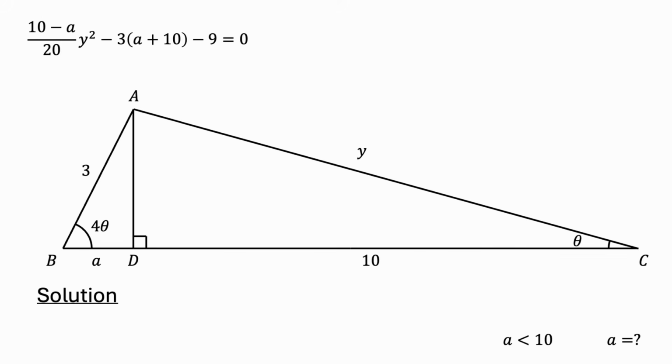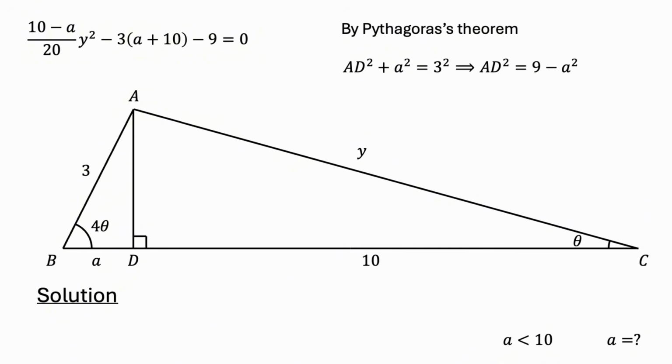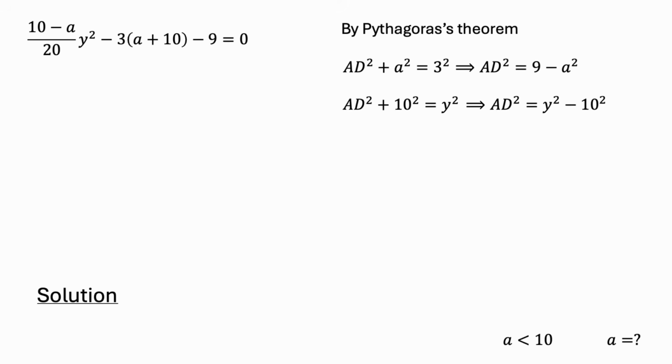Going back to our diagram, let's apply Pythagoras theorem to triangle ABD to obtain AD squared plus a squared equals 3 squared, or AD squared equals 9 minus a squared. Applying Pythagoras theorem to triangle ACD, we obtain AD squared plus 10 squared equals y squared, or AD squared equals y squared minus 10 squared.